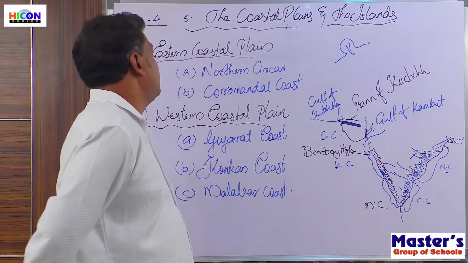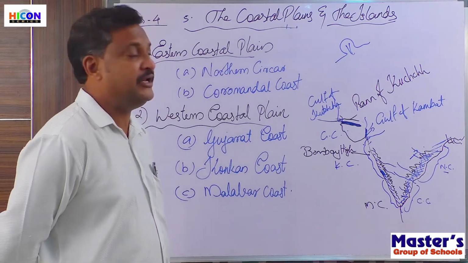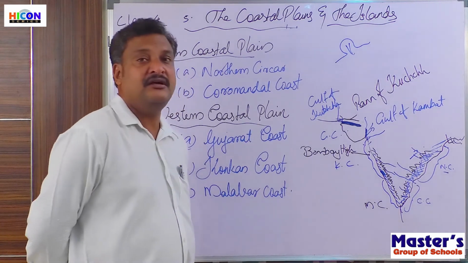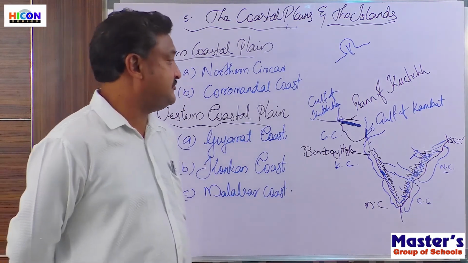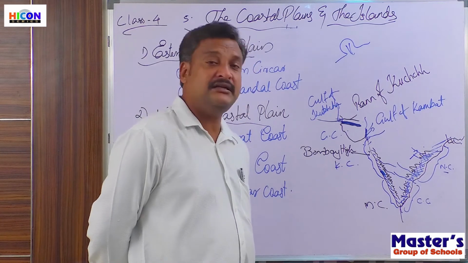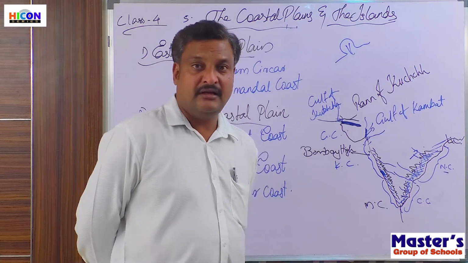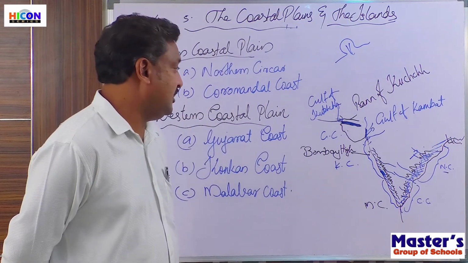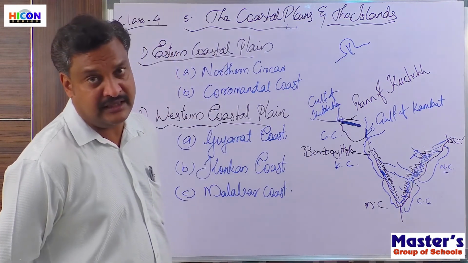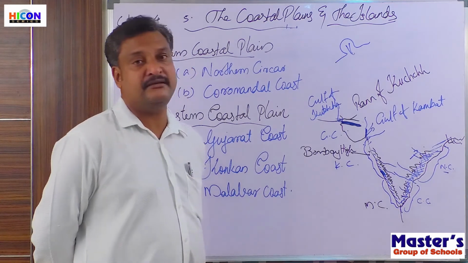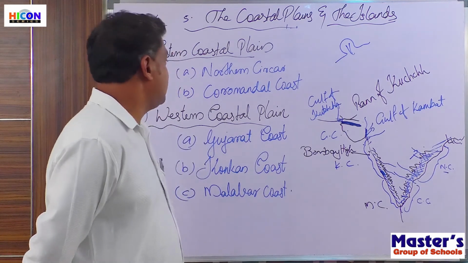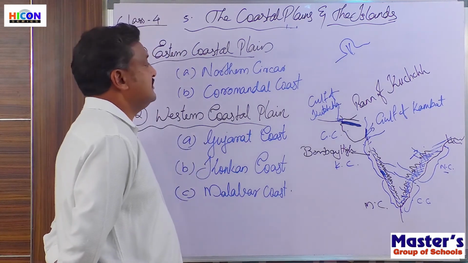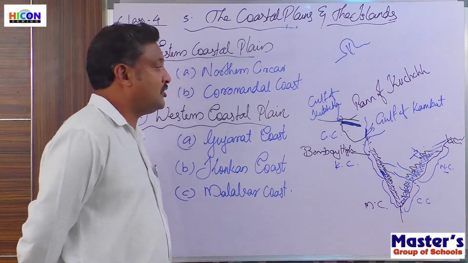So there are two coastal plains for us. One is the Eastern Coastal Plain and the second is the Western Coastal Plain. The Eastern Coastal Plain starts from the Sundarban Delta and ends at Kanyakumari. The Western starts at the Gulf of Kutch region of Gujarat and goes up to Kanyakumari in the south. The Eastern Coastal Plain is again divided into Northern Circars and the Coromandel Coast.